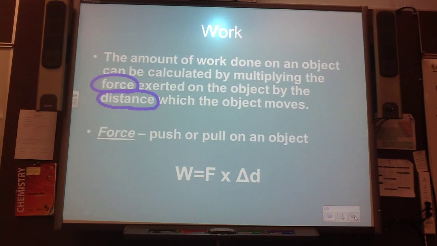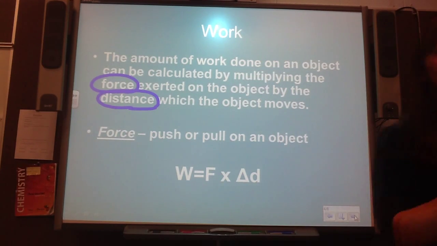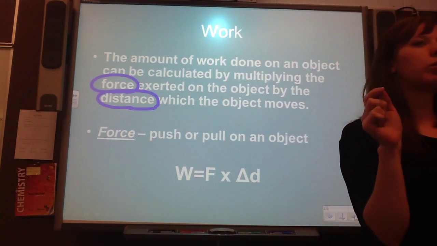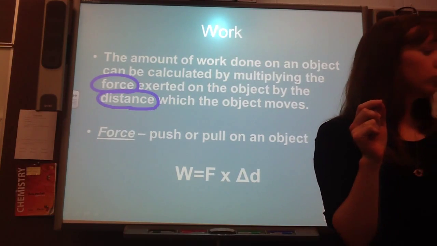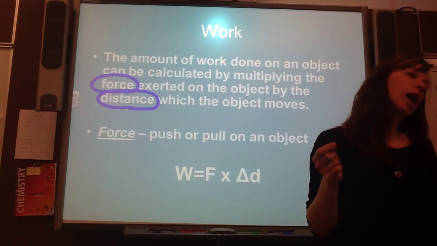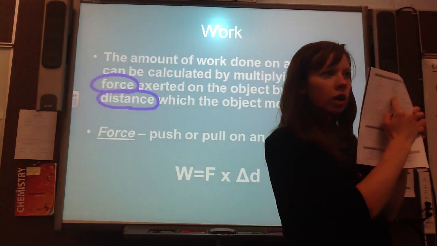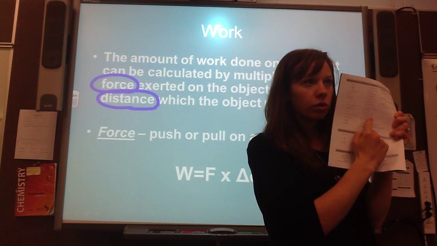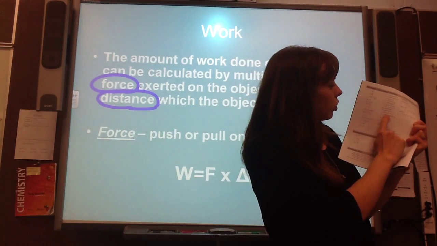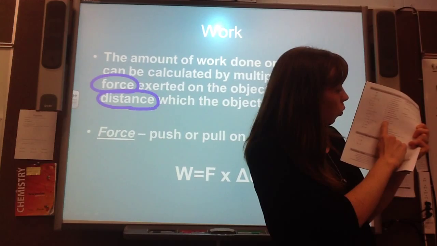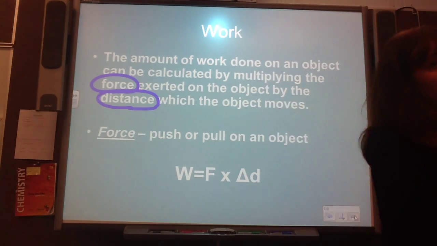And then look at the side. It tells you what is what and what units everything is. Some of you said yesterday you were confused about what units time is in or what units acceleration is in. You can look on here and it tells you if you get mixed up. Look at the W equals work.